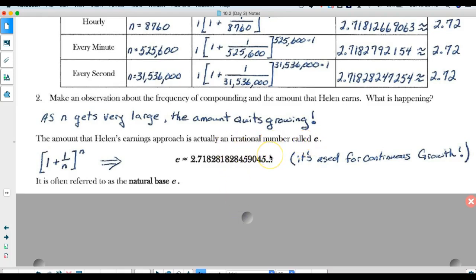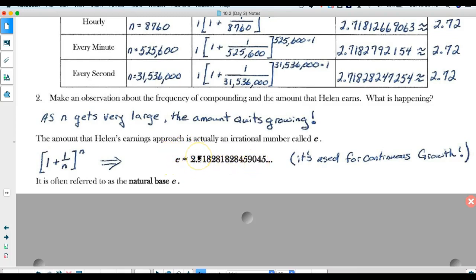We know about pi, 3.14159. It's an irrational number; the decimals never repeat. They go on and on and on, kind of like me right now. But in this interest formula, as n approaches infinity, with t still 1, this whole quantity approaches the number 2.71828, and so on.